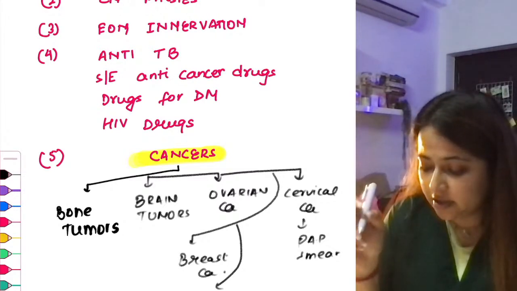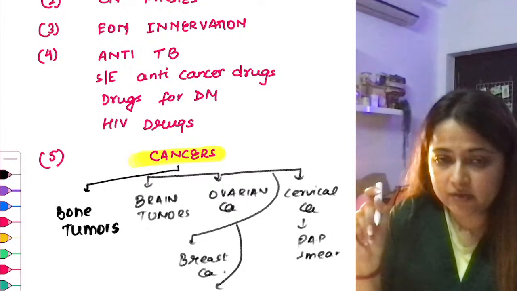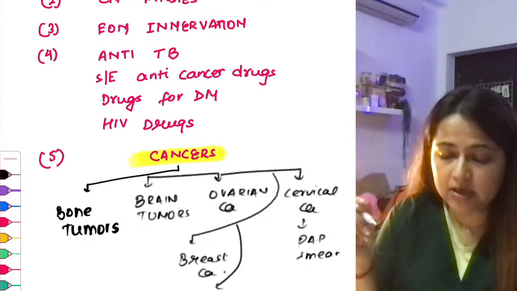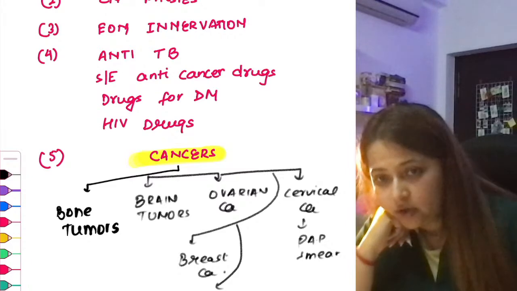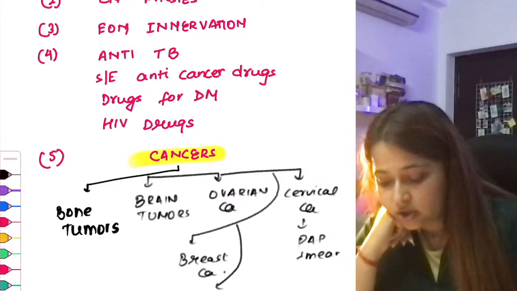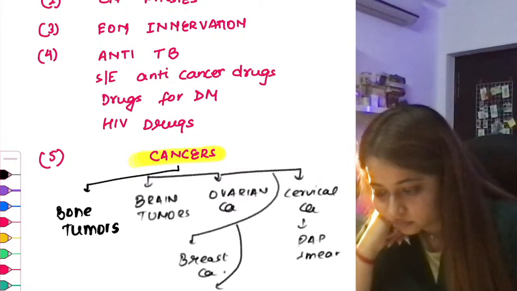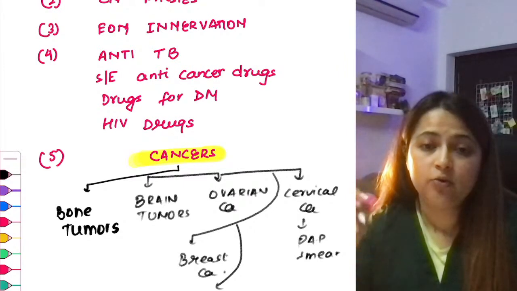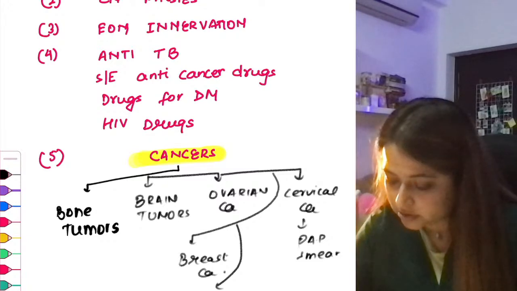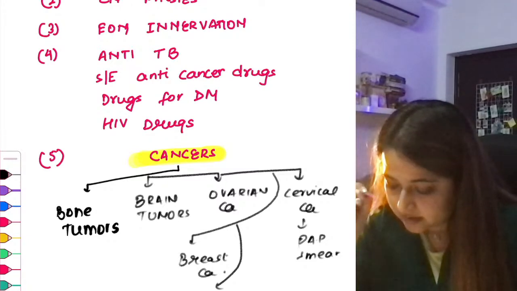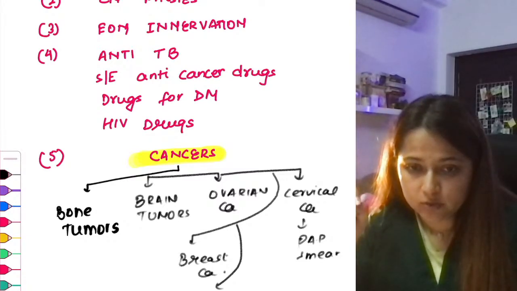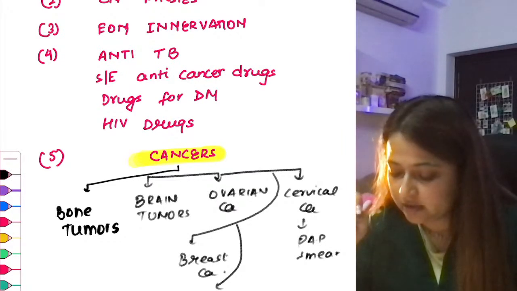In a young female, which type of investigation would you like to do for screening of breast cancer? Would you like to do mammography or ultrasonography? Yes, the answer is USG. Why not mammography in a young female?